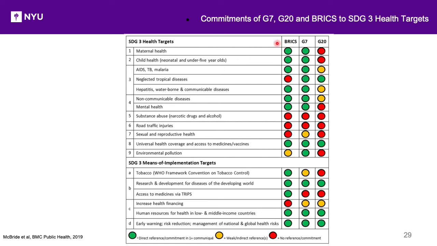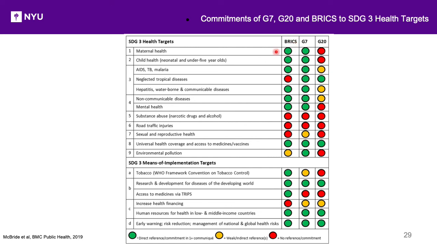We can look at the different commitments in terms of direct references in a communique, weak or indirect references, or no references that the G20, the G7, and BRICS countries have made in discussing health targets under SDG 3. BRICS stands for Brazil, Russia, India, China, and South Africa.